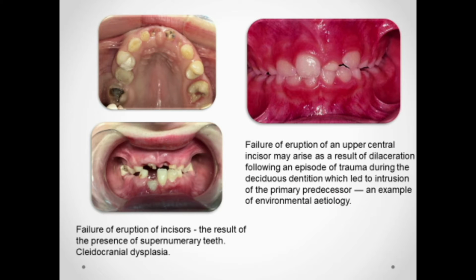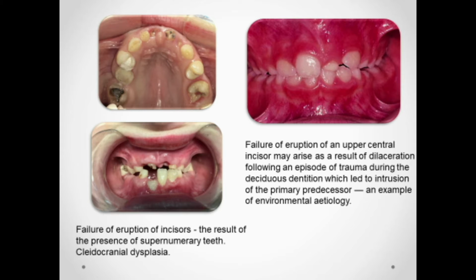For example, failure of eruption of an upper central incisor may arise as a result of dilaceration following an episode of trauma during the deciduous dentition which led to intrusion of the primary predecessor. An example of environmental etiology.